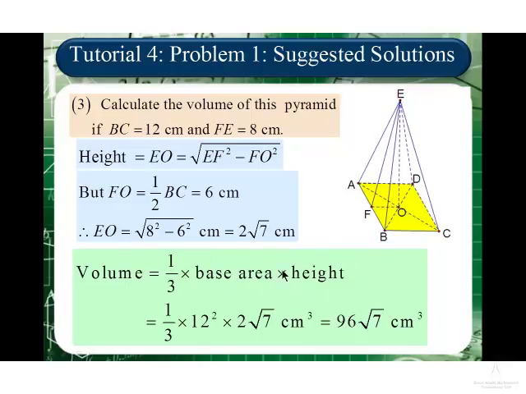So it's a third. The area of the base would of course be 12 squared for the square, and the height we've just calculated as 2 times the square root of 7. Putting that together and expressing it in surd form gives us 96 times the square root of 7 cubic centimeters as the volume for this particular pyramid.